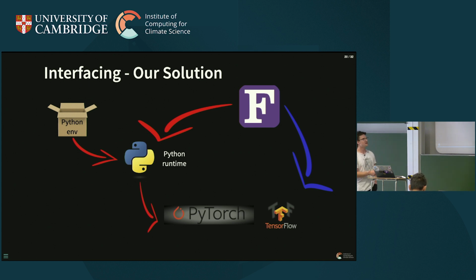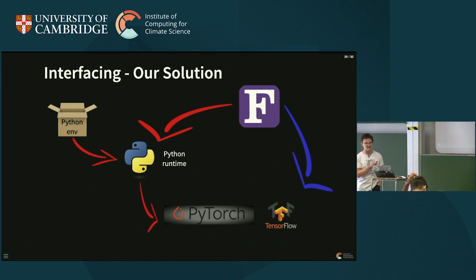So our alternative approach is to bypass Python entirely. PyTorch and TensorFlow are both written, as we heard, in lower level languages underneath, so C or C++. So actually what we are going to do is go past the Python and go directly to these efficient languages instead.